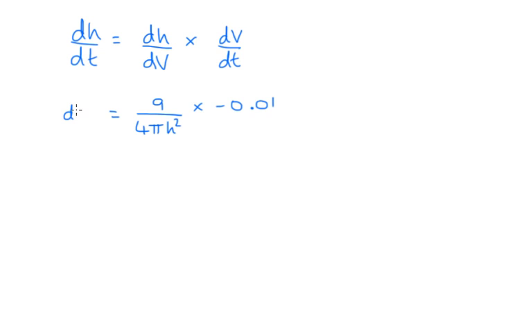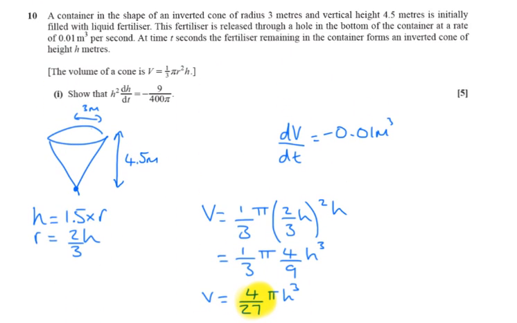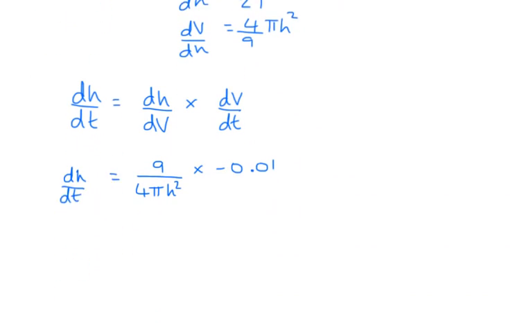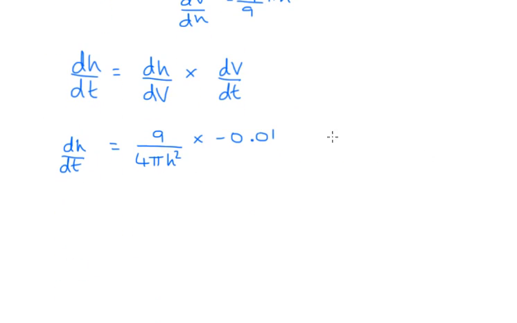And that's dh by dt, which looks pretty similar to what they had, but what have they done? How is theirs different to ours? Well, they've brought the h squared up to this side, so they've times by h squared. Obviously they've put the minus at the front there, and they've changed this 0.01 to 100th.